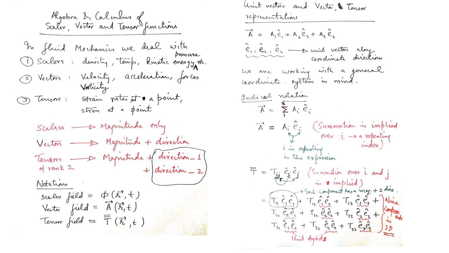In fluid mechanics, we deal with all three types of physical quantities: scalars, vectors and tensors. Examples are density, temperature, kinetic energy, and even pressure. We will show that actually pressure is not really a scalar, but it behaves as one.